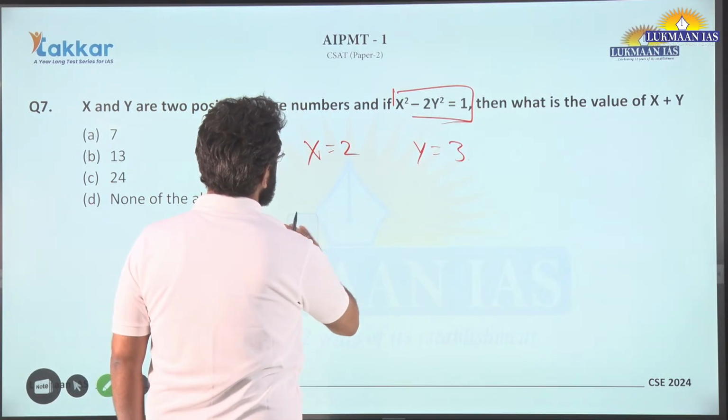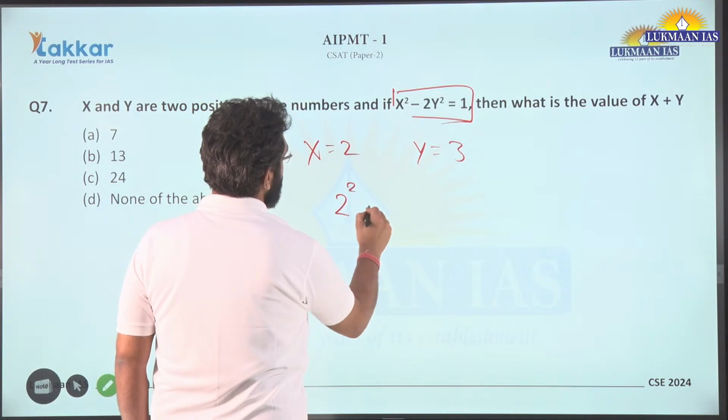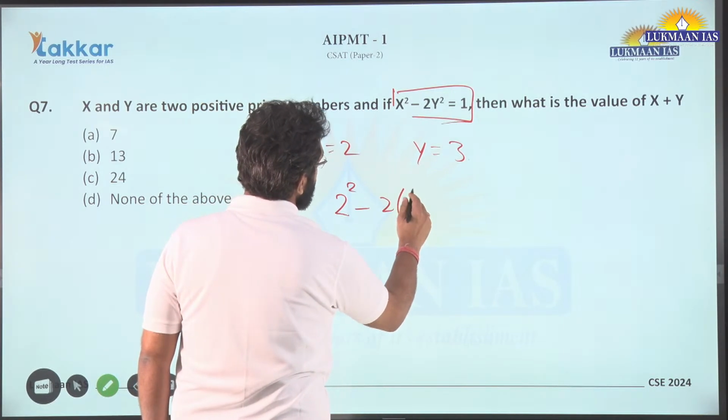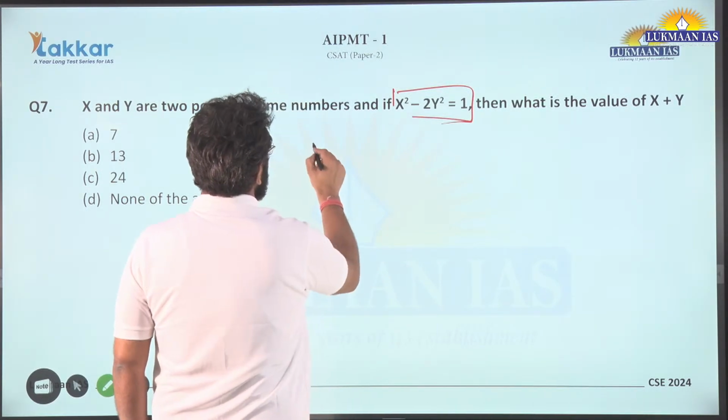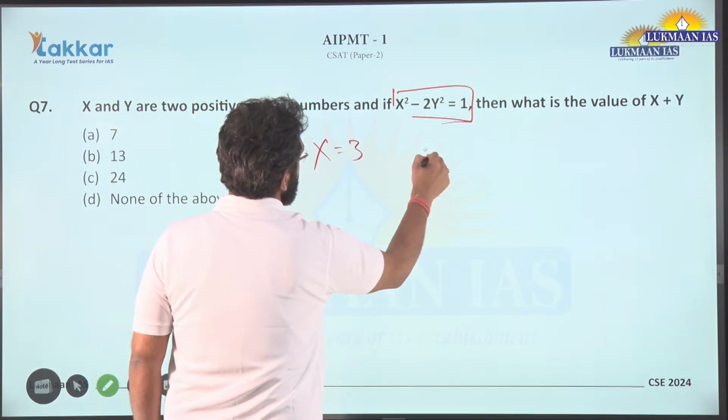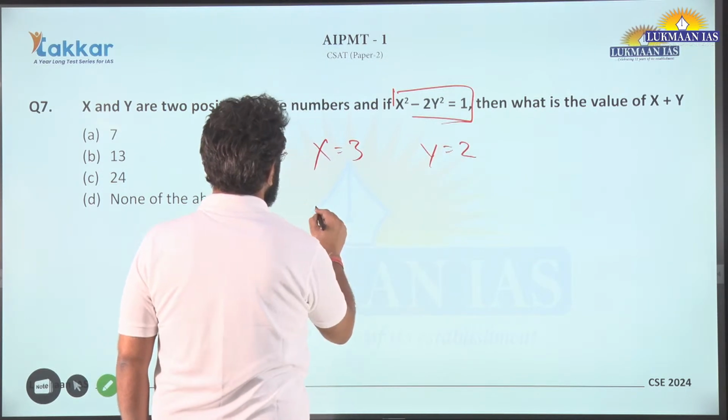X square is 2 square minus 2y. Okay. X equal to 3 and y equal to 2.